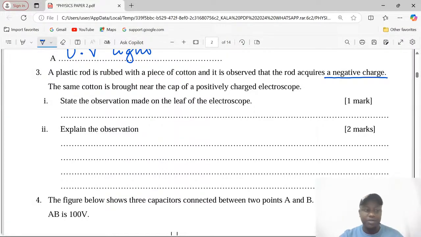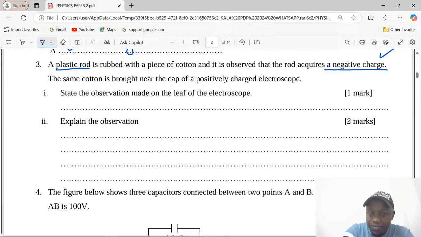Wow, we must be very careful in responding to this. So the rod is now negatively charged. The same cotton is brought near the cap of a positively charged electroscope.